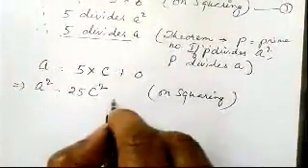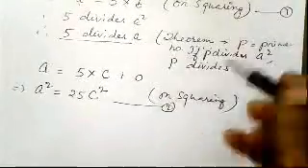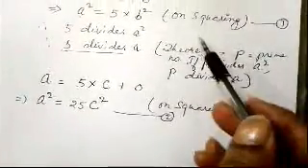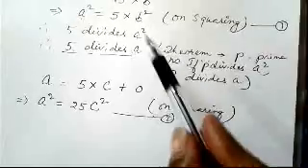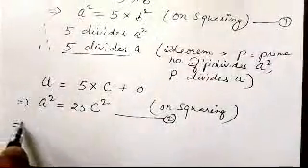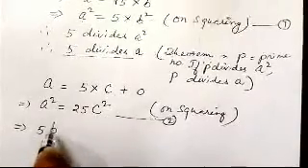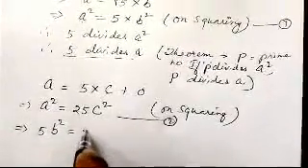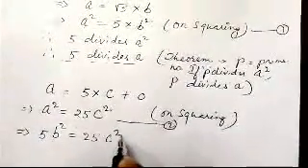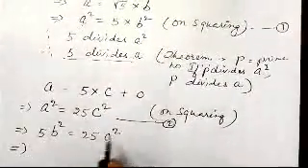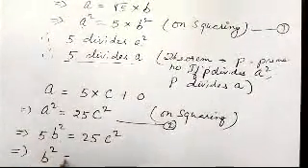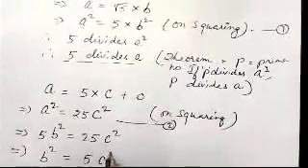Now this is the second equation. By equation 1 we got A square is equal to 5 into B square. So that you apply here. A square, you write 5B square is equal to 25 C square. Now cancel out the common factor. We got B square is equal to 5C square.